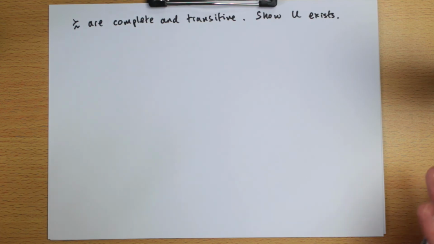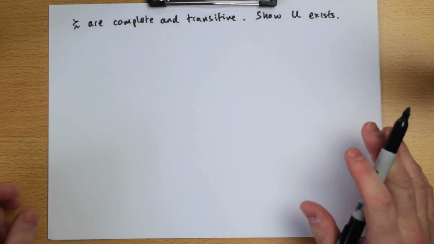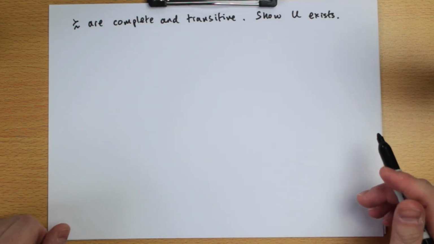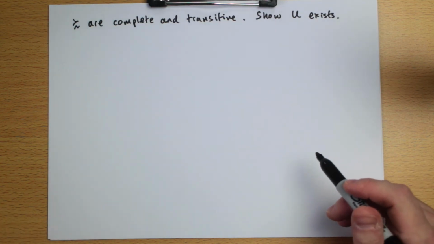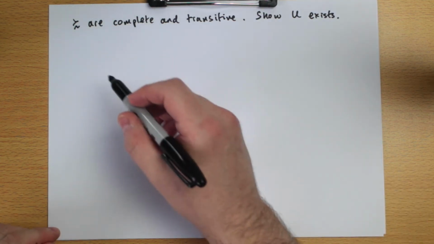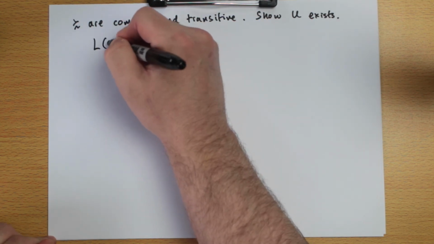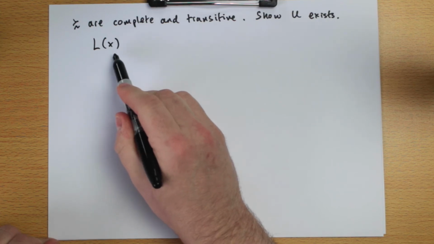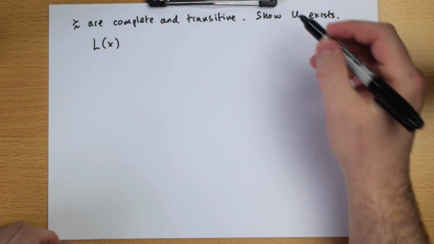Okay, so this is the slightly more difficult direction, and there are in fact many ways of proving this. I'll show you a proof that I particularly like, which is not too involved, although we will need one new concept before we do it. If I take an outcome X, I'm going to write L of X to be what I call the lower preference set.